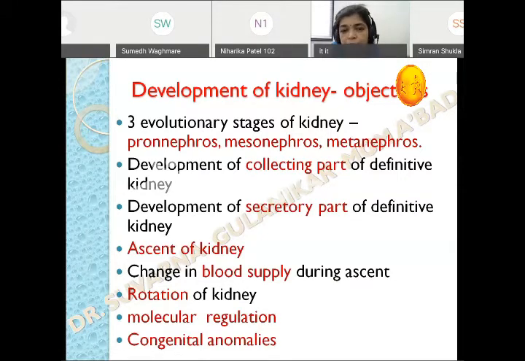Then today we'll see the development of the definitive kidney, that is collecting part of the definitive kidney and secretory part of definitive kidney, followed by the ascent of kidney, change in blood supply during ascent, rotation of kidney, molecular regulation, and congenital anomalies. Okay.